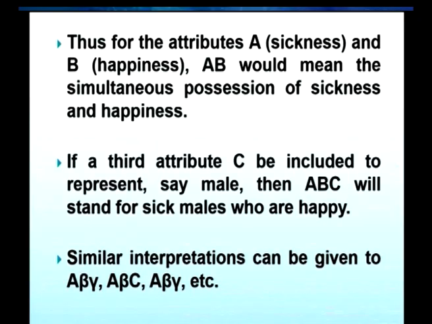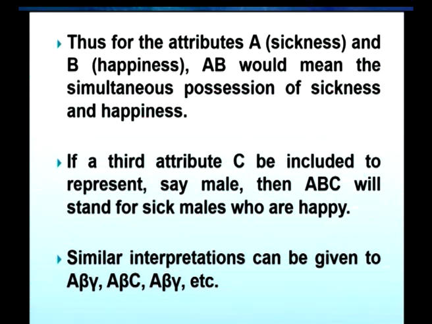Thus, for the attributes A sickness and B happiness, AB would mean the simultaneous possession of sickness and happiness. If a third attribute C be included to represent, say, male, then ABC will stand for sick males who are happy. So, all the three together being possessed by a member is represented as ABC.